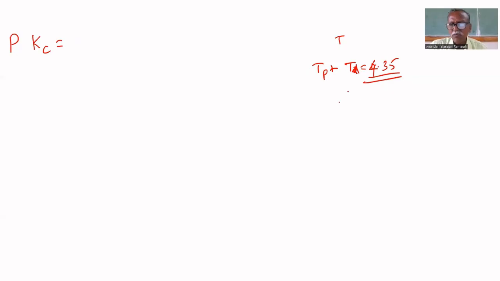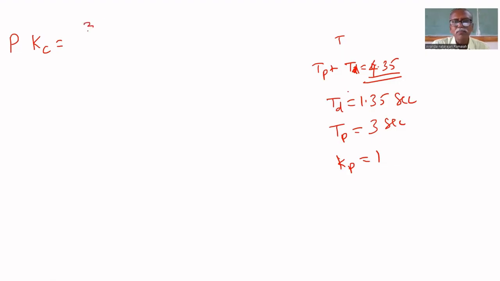Here the dead time Td is 1.35, which you can get from the graph. Therefore, Tp equal to 3 seconds. Kp equal to 1. So now we can find the tuning parameters. Kc equals Tp, 3, divided by 1.35 multiplied by 1. How much? This is for a P only controller.